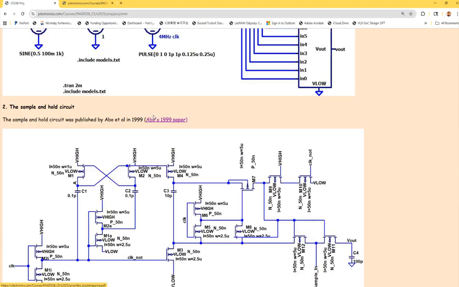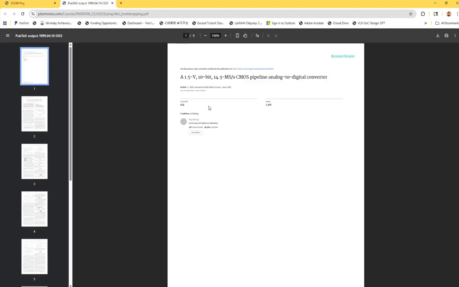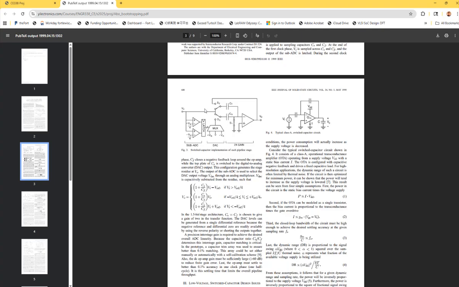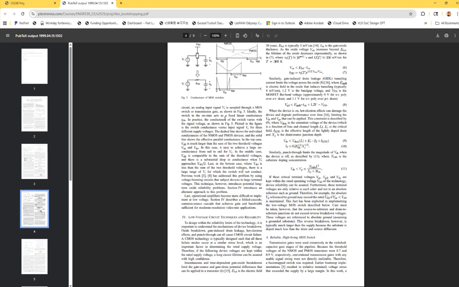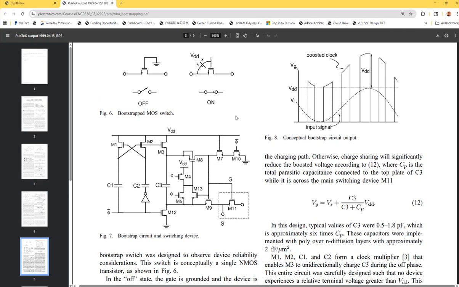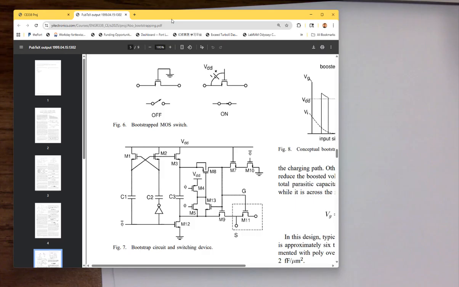Show this figure here first. Yeah, it's easier. So the concept is that we are trying to make our VGS a constant. I'm going to explain why. Remember that square law equation here?